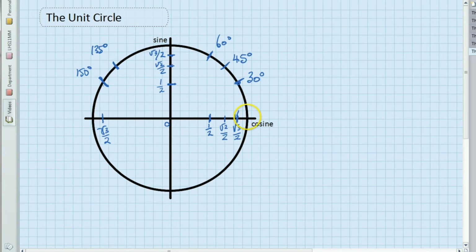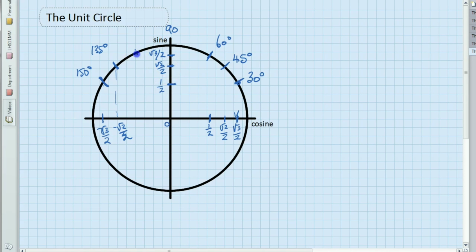You can either think of this as being 90 degrees plus another 45. If I come down to here, I know that the cos value is going to be negative root 2 over 2, and the sine value will match up here with this root 2 on 2.